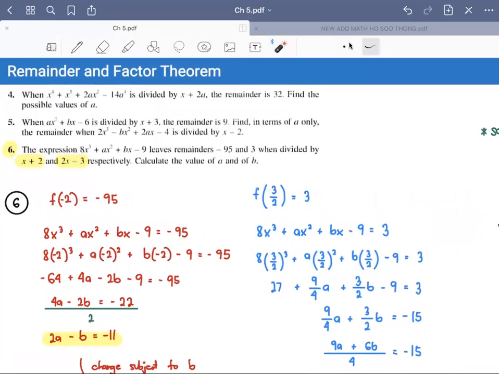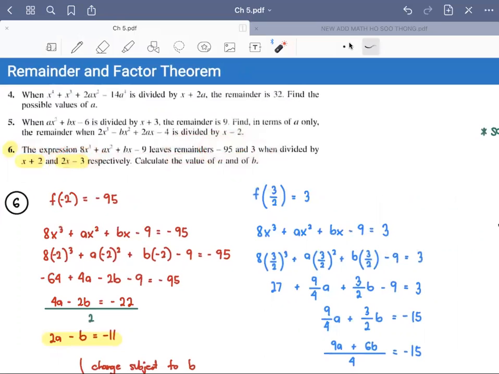Okay, so for number 6, the expression 8x cubed plus ax squared plus bx minus 9 leaves remainders negative 95 and 3. Class, again, you have two remainders here, negative 95 and 3. When divided by x plus 2 and then 2x minus 3.